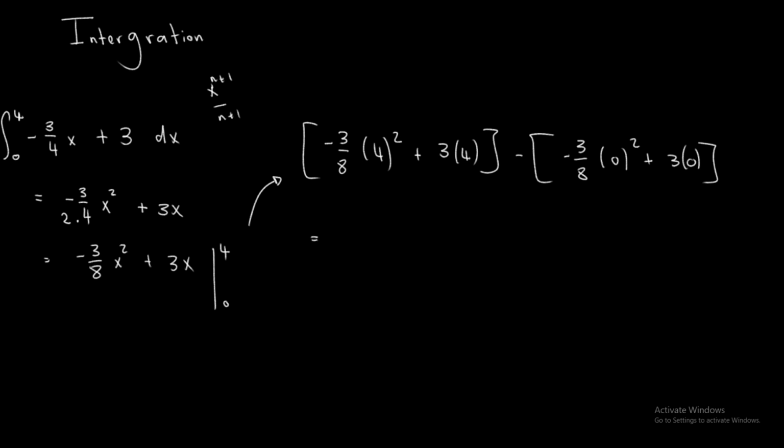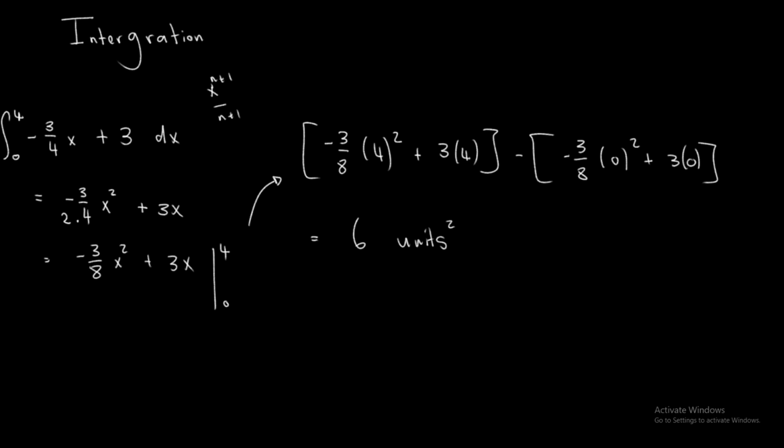That's going to give me, I need to grab a calculator. So let's say -3 over 8 multiplied with 4 squared plus 12. That gives me 6. Okay, so my area is 6 units squared.